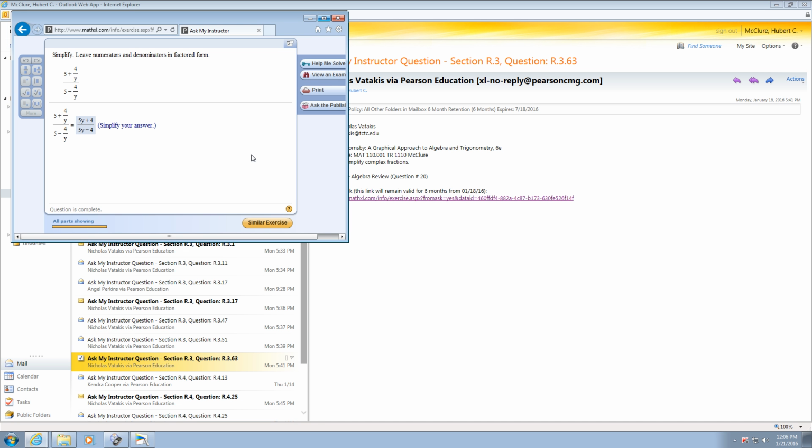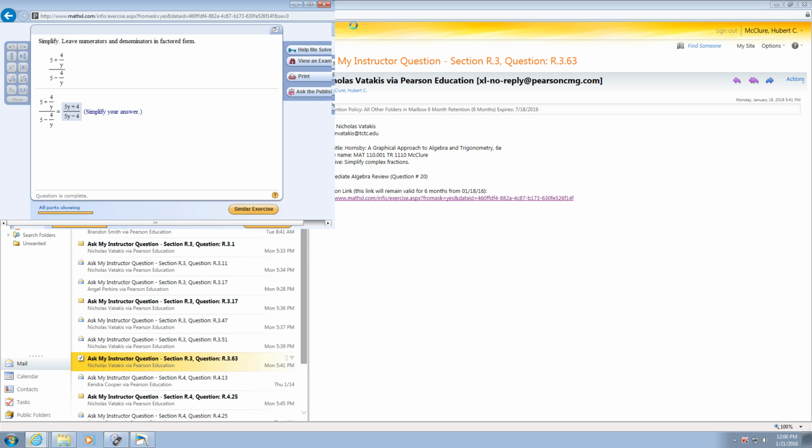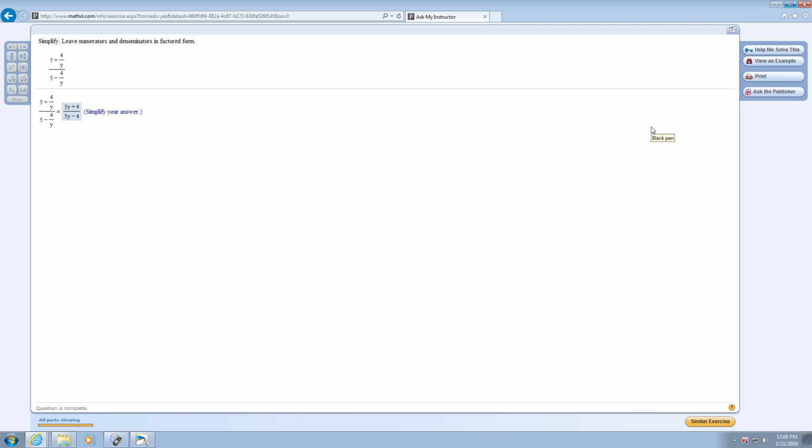But if you rewrite it and throw a couple of ones under there, 5 over 1 plus 4 over y, over 5 over 1 minus 4 over y, now you've got 4 denominators. Find the common denominator of those 4 denominators.